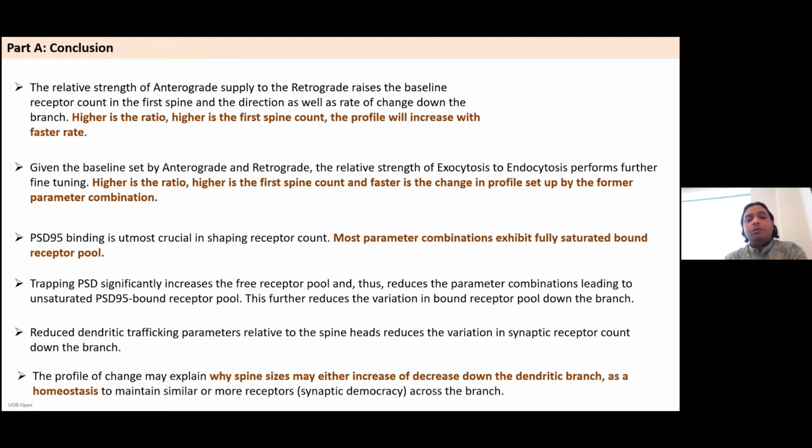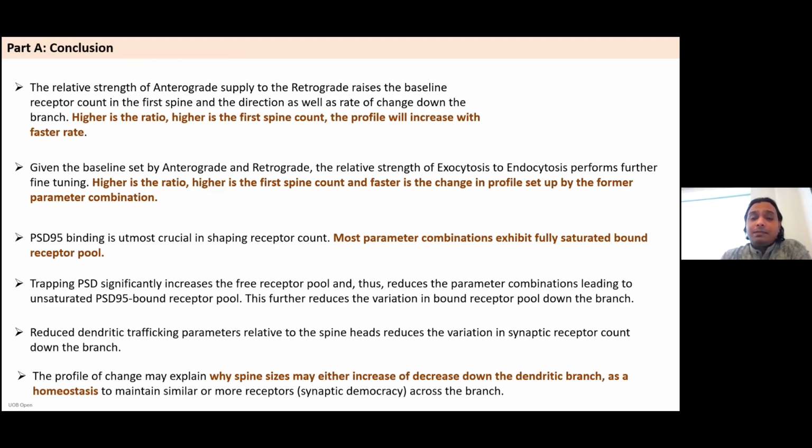And what we conclude is that the ratio of the anterograde supply to the retrograde supply sets the baseline of the receptor count in the first spine, and also decides the direction of the change, how much the change will be, and how fast. So the higher the anterograde to retrograde ratio, the higher the first spine count, and the profile will increase at a faster rate.